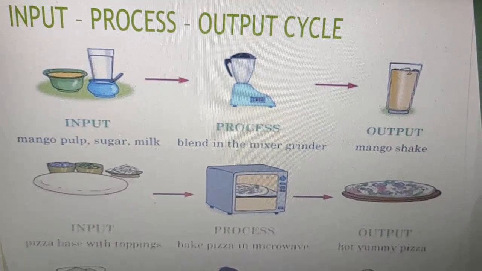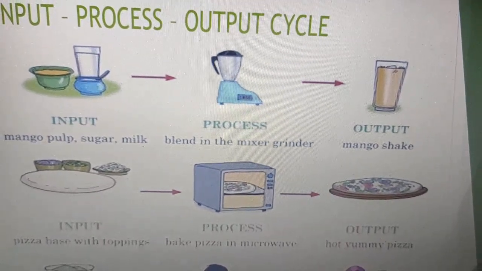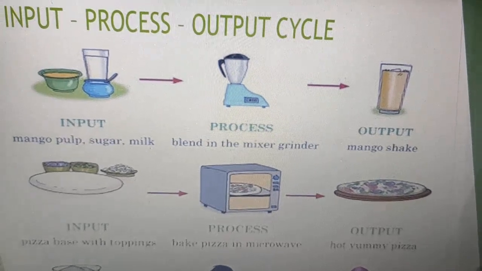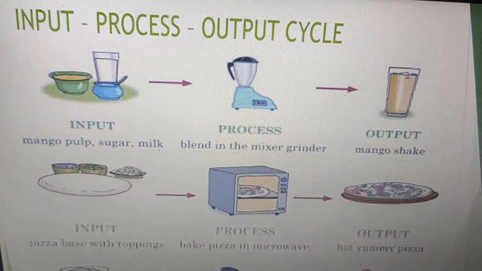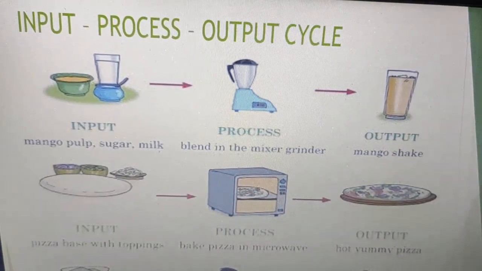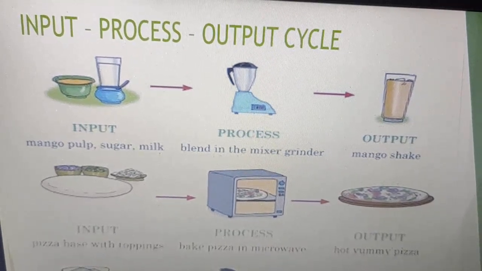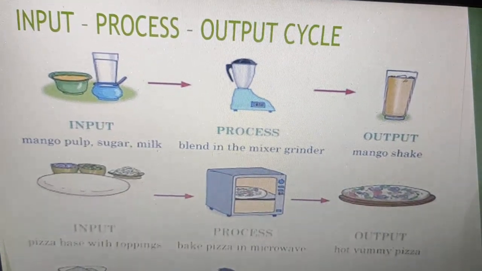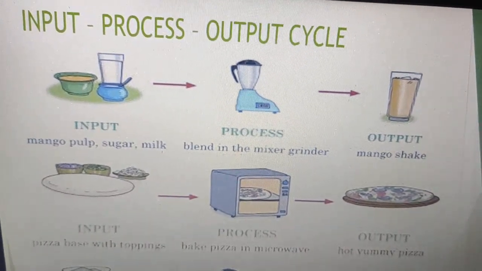And in the result, what will we get? We will get a yummy hot pizza. So that is the output. So input means the things we are giving to process. Process means doing some work on it, some calculation on it, and in the result what we get, we call it output.